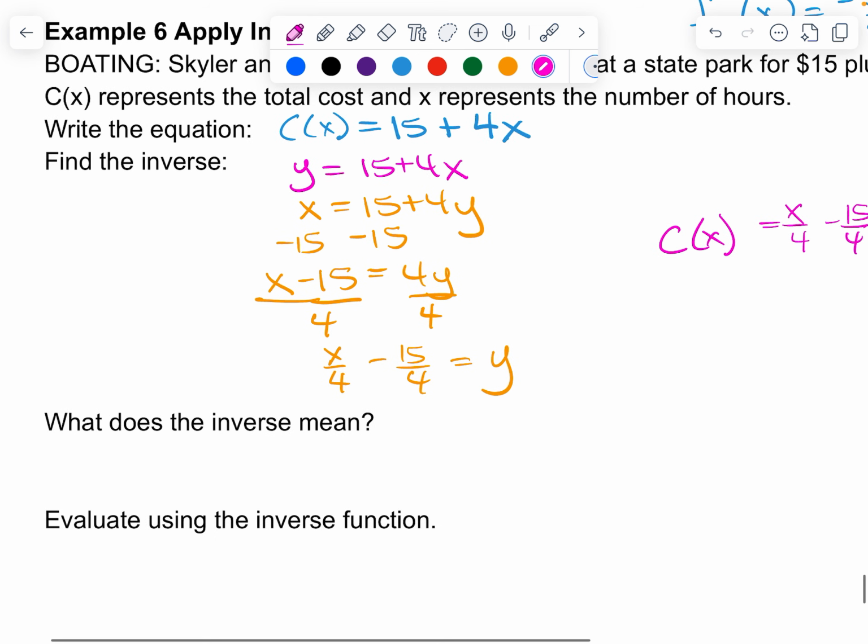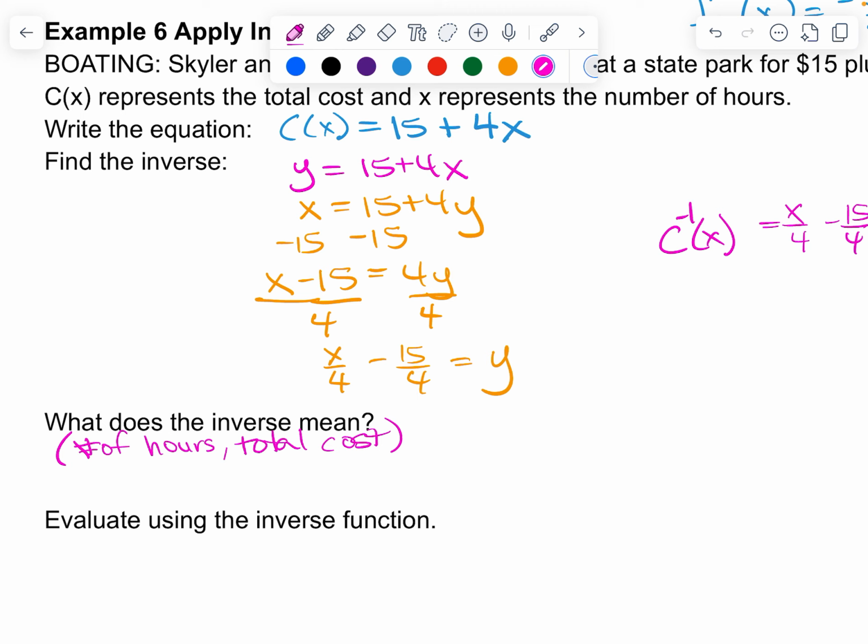Okay, what does the inverse mean? What x and y mean changes. It started off with the x value being the number of hours, and y was the total cost. Now X is the total cost of renting a paddle boat. Oh, you know what I forgot to do?